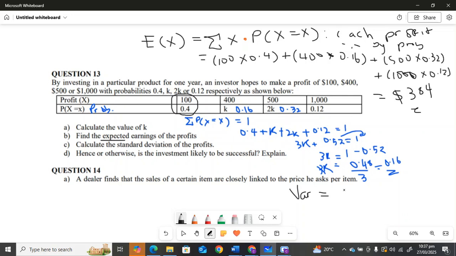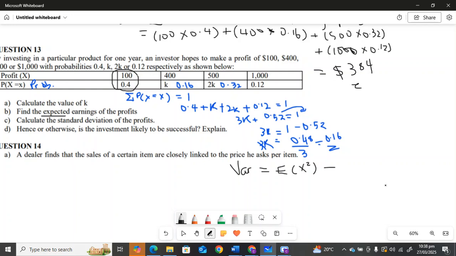So this is the formula for the variance: E of x squared minus, summation, no, the square of E of x. Then this E of x squared breaks down into the summation of x squared multiplied by P of X equals x.